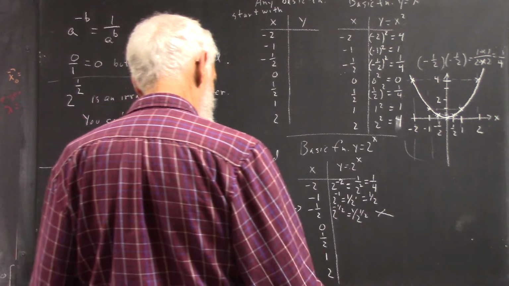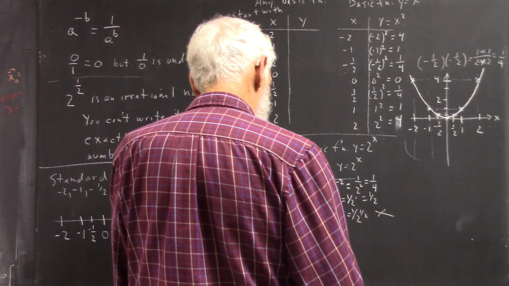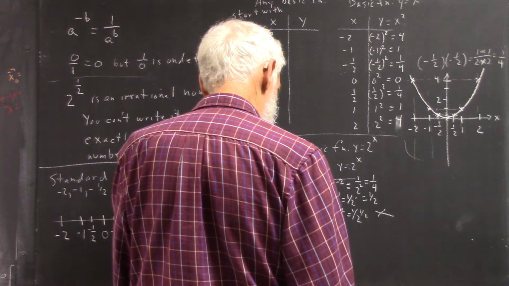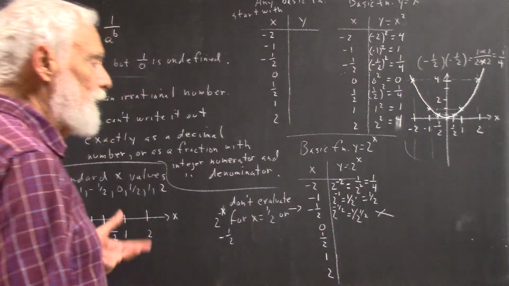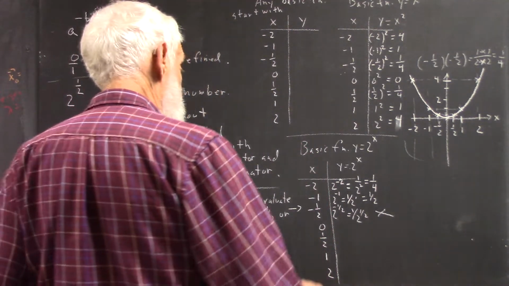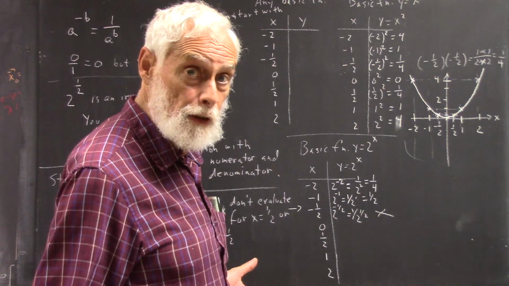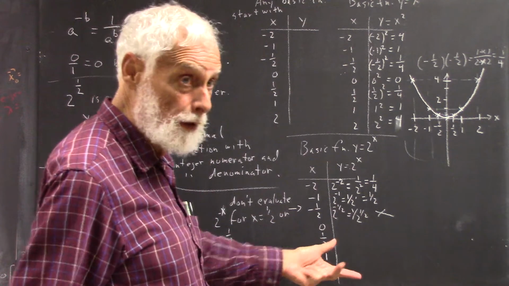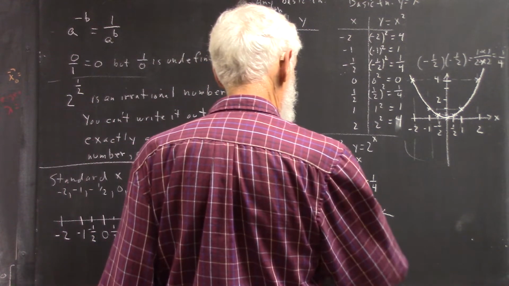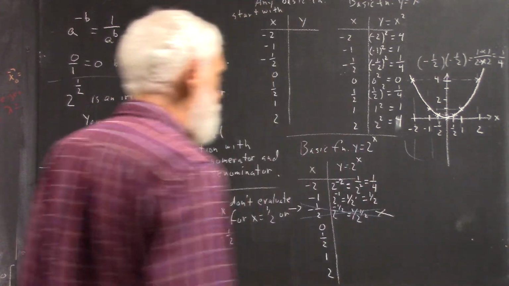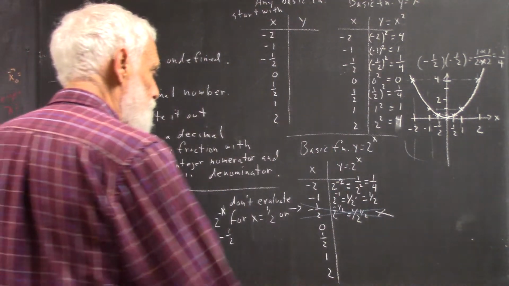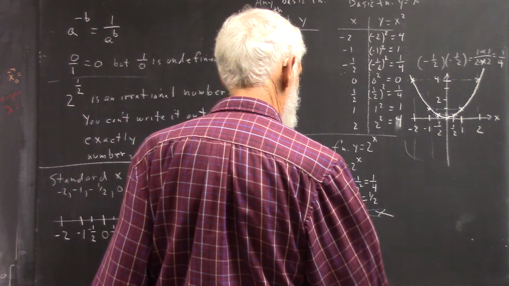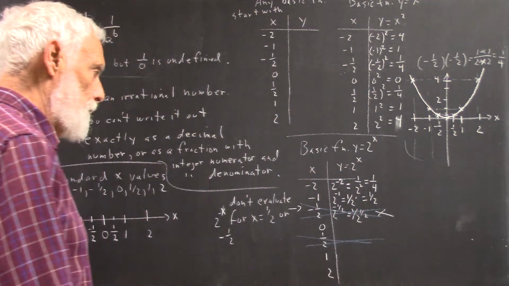So we can kind of think, okay, that's forbidden from this process. It's not forbidden. I mean, it does have a value, but we don't know how to write it down, and we don't know how to find that value without using a calculator, and we're not going to do any calculators here. So we're not going to include that point. And we'll go ahead and cross out 1/2 also. We're not going to do that.